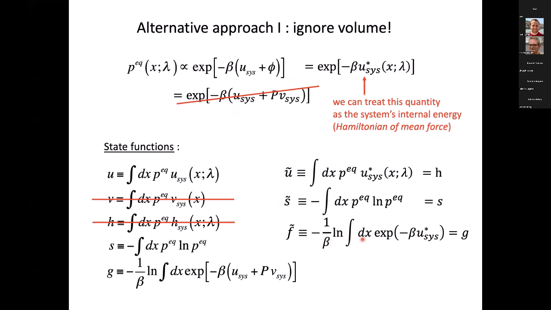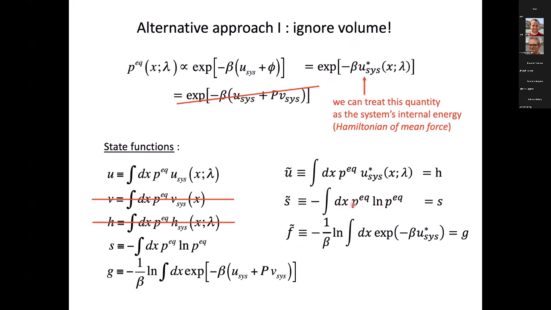So minus kT times the log of the integral of this Boltzmann factor over phase space. So these are just three definitions that I've introduced that seem reasonable if you start from this expression. And you can easily convince yourself that these three definitions are the same as H, S, and G that were introduced previously. I'm just calling them something else now.